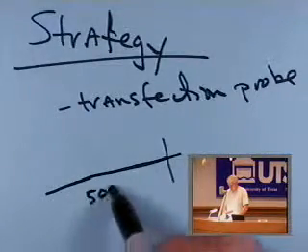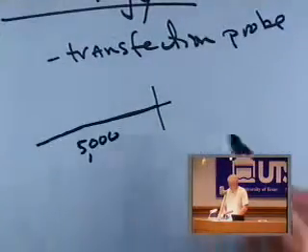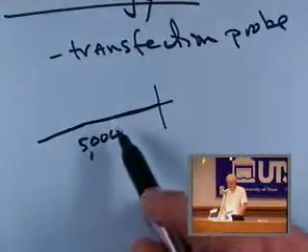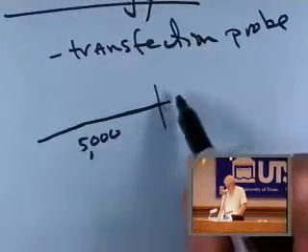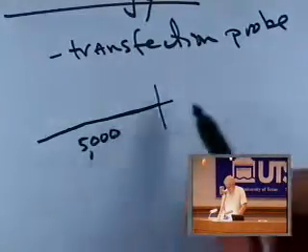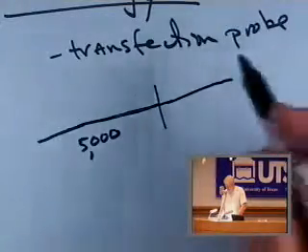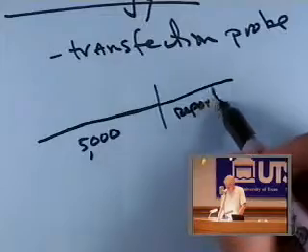So it may be really big, like 5,000 base pairs. And you can generate this after it's been sequenced, obviously, and then produce it synthetically. And then attach to that, or ligase to that, a reporter gene.